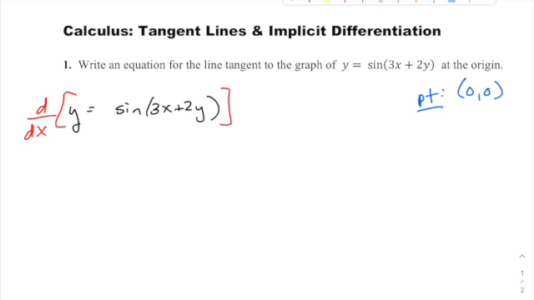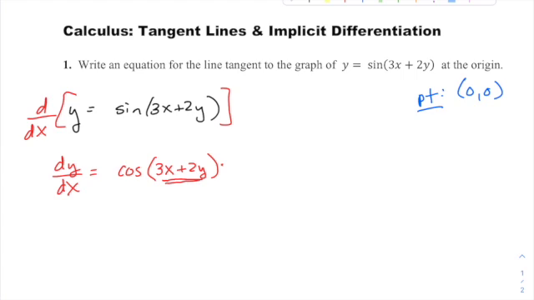And the derivative of each side here, and so the derivative of y with respect to x is dy dx equals, and on the other side, derivative of sine of something is cosine of that same quantity, 3x plus 2y, multiplied by the derivative of the inner expression, right? That's just using the chain rule.